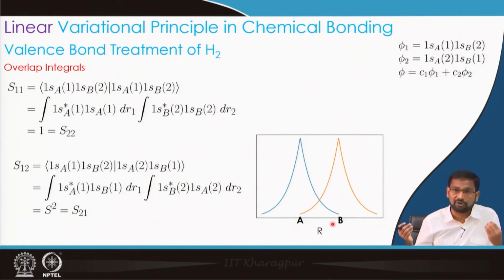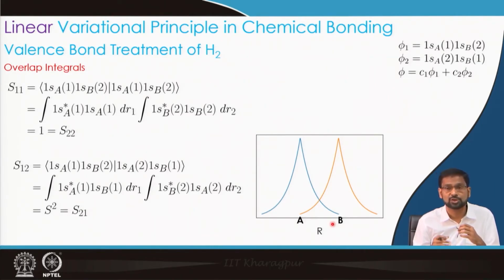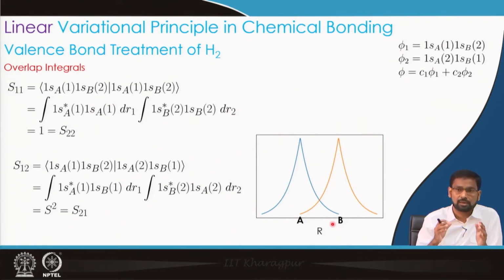So, if the nuclei are far away from each other, the overlap will become 0. If they are exactly on top of each other, then it becomes 1. So therefore, the overlap varies from 1 to 0 in some form. The exact form can be actually evaluated for 1s orbital, but we should keep in mind that the overlap integral varies between 0 to 1 based on the internuclear distance R.